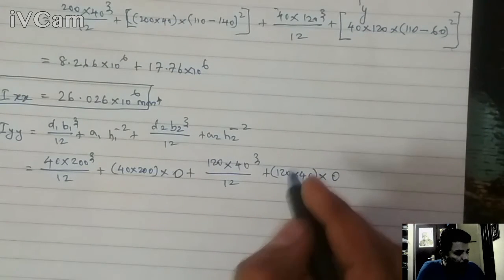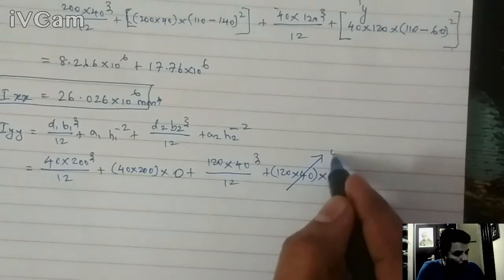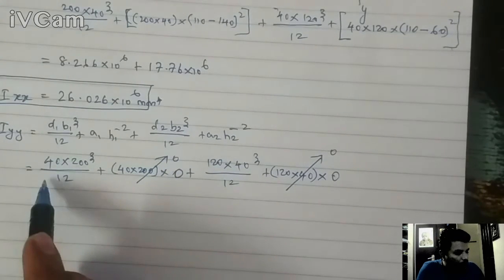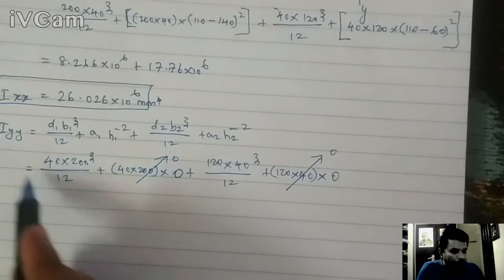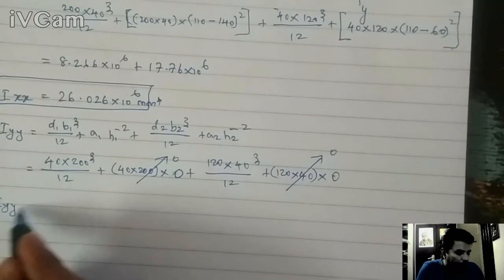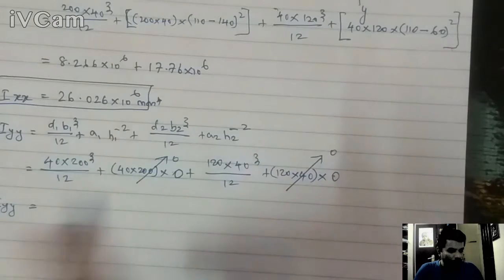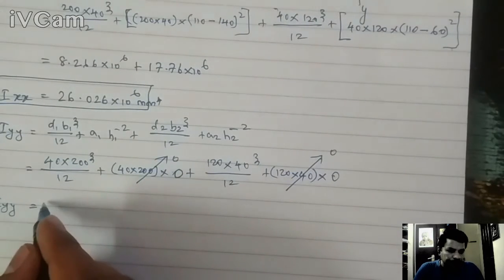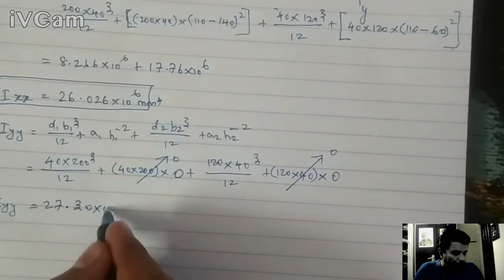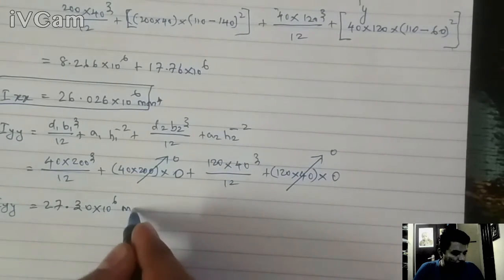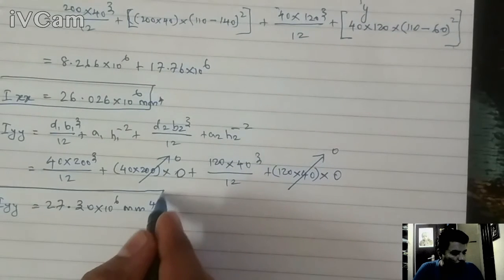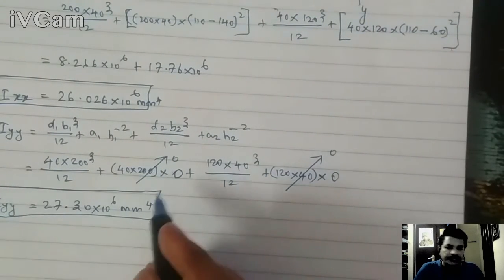So this term becomes 0 and this term becomes cancelled. Okay. So you only need to add these two values, you will get Iyy. So Iyy equal to 27.30 into 10 power 6 mm power 4. So this is the moment of inertia about the YY axis of the T section.